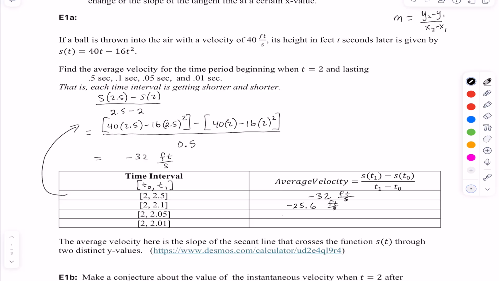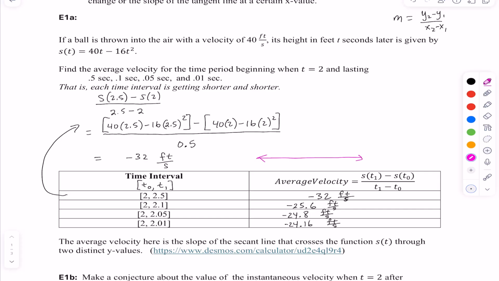And what you want to do is pay close attention to the numbers. Is it still positive? Is it negative? And what number is it approaching? As the t values approach t equals 2 from the right-hand side. Now you're probably wondering, what do I mean by t values on the right-hand side?